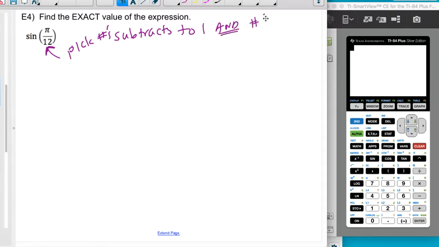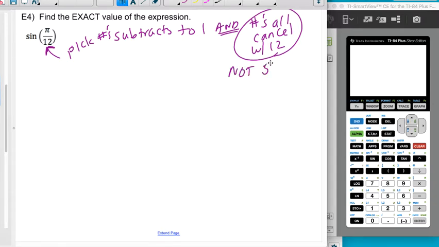and the numbers all cancel with 12. For instance, I don't want to pick 5 and 4, because what I mean by cancel with 12 is you don't want to pick 5 minus 4, because 5/12 doesn't simplify. Like 5/12, that's bad. But you could pick 4/12 and 3/12.